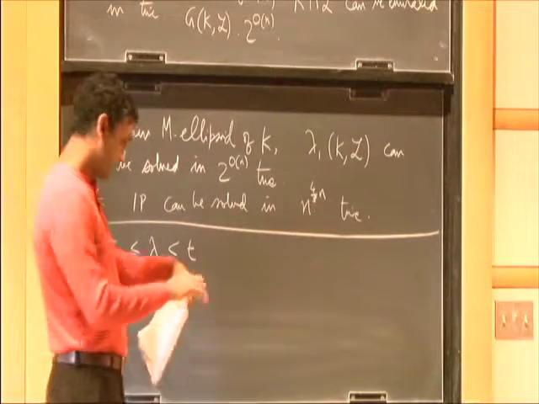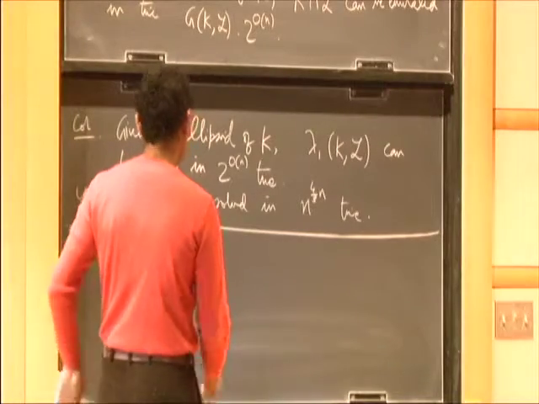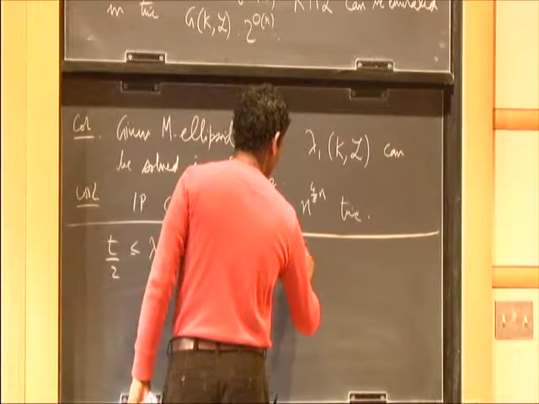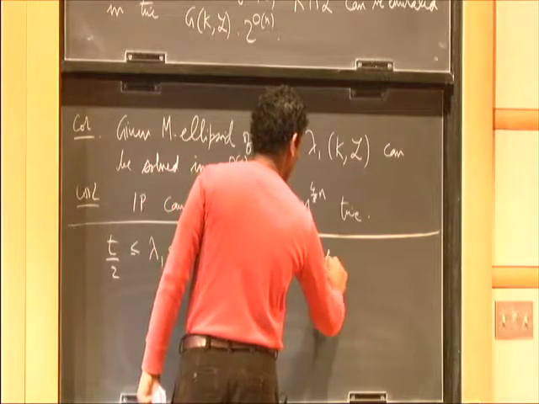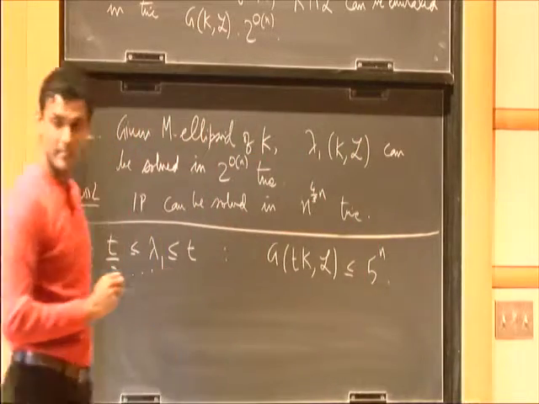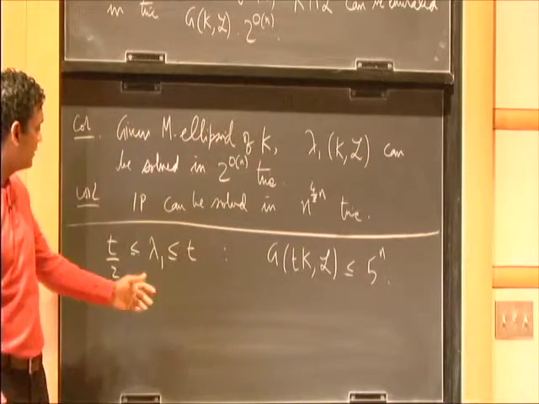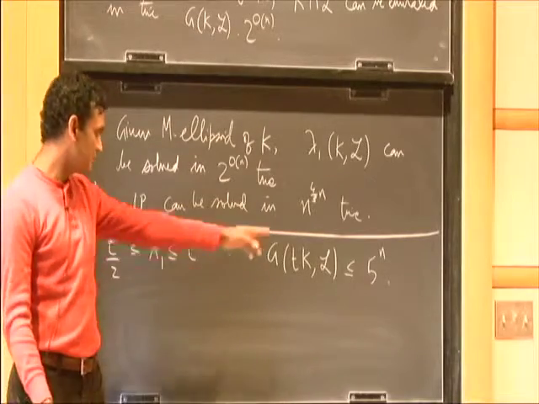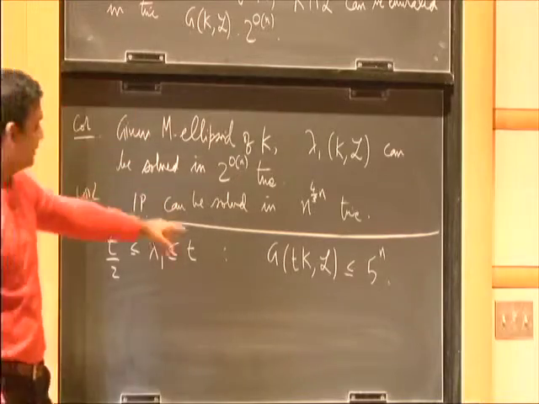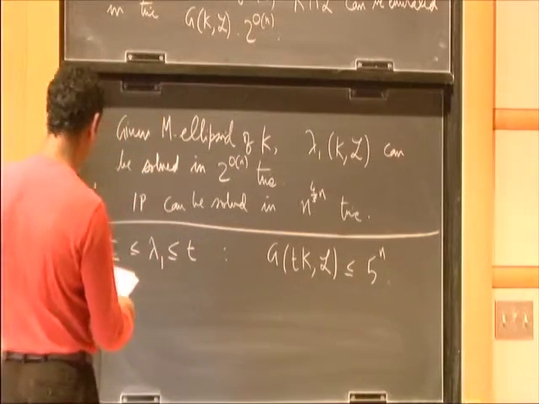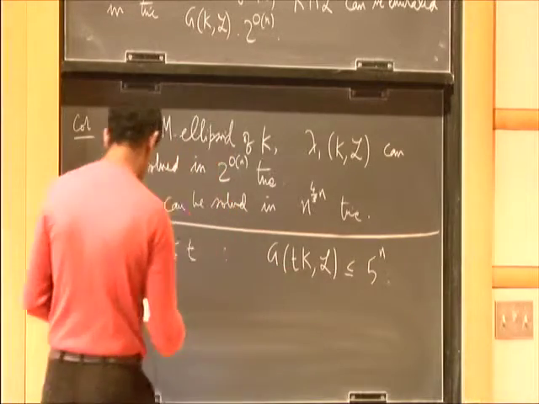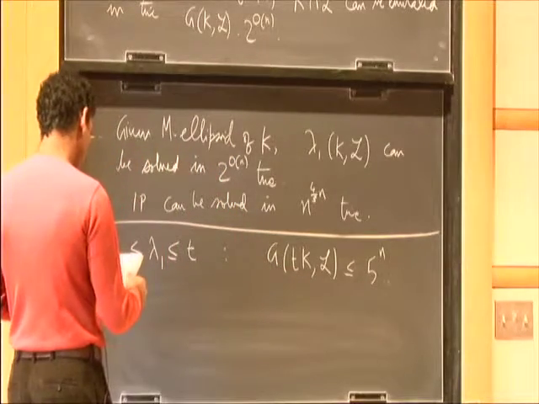Okay, so why is that true? In fact, for this value of T, it will be the case that G(TK, L) is at most say 5 to the n. So when you hit the radius where lambda 1 is above T over 2 but less than T, then it will be only constant to the n. Once I prove that, we're done. Okay, so why is this true? Now I have to bound this for every shift of TK.